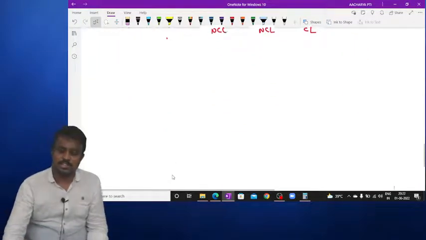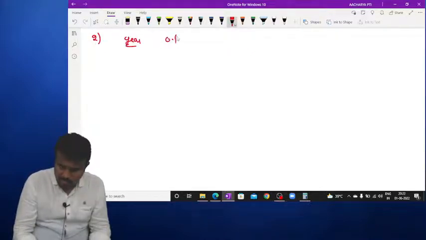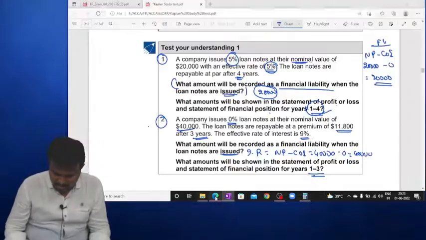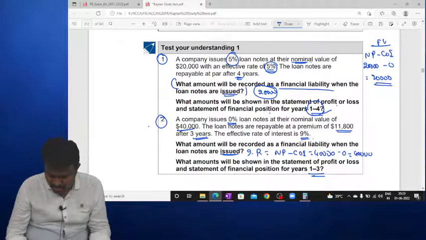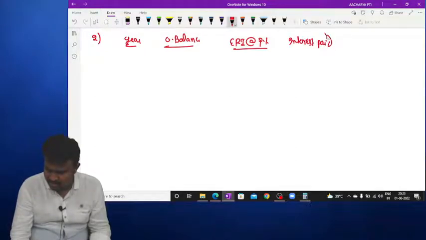An amortization table. So here opening balance, effective rate of interest. What is the effective rate of interest here? 9%. Effective rate of interest 9%, and interest paid at 0%, and closing balance.